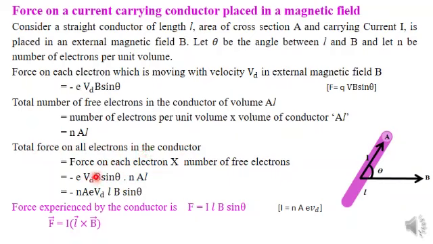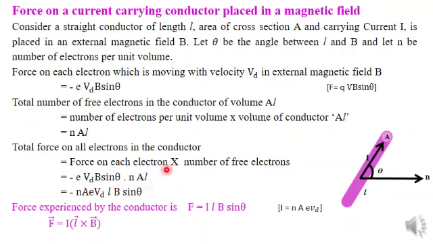But the force on each electron is minus e Vd B sin theta, and the total number of electrons is n A L. So this is the total force on all electrons.